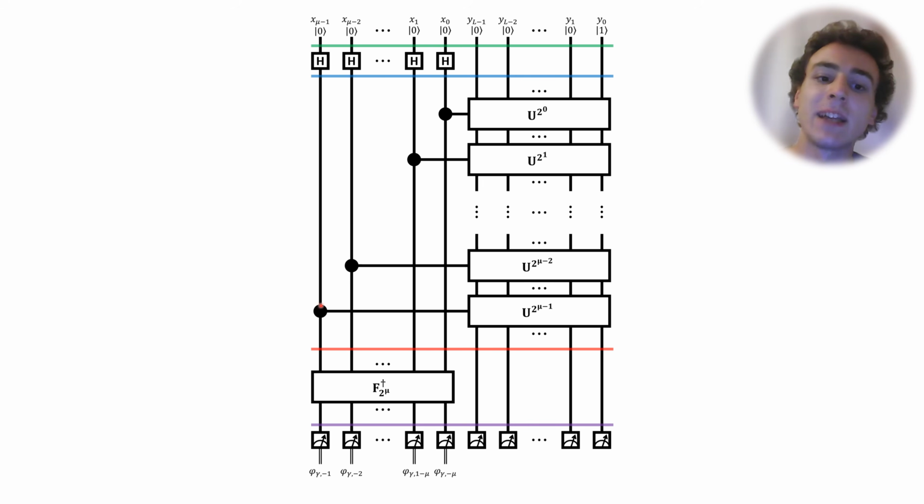And then finally we have x sub mu minus 1 acting as the control qubit for this final controlled unitary gate in this sequence of gates. And the target of these controlled unitary gates is always the entire register. So we have this entire register of L qubits acting as the target.